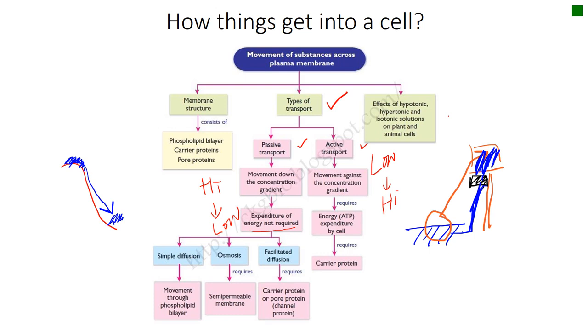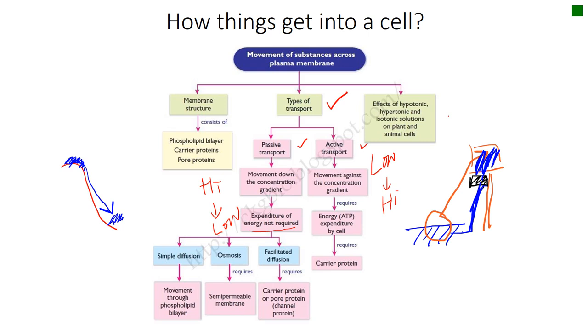So active transport requires energy because it moves substance from low concentration to high concentration. We will talk about active transport in a future video. For this video, we will only talk about the passive transport.